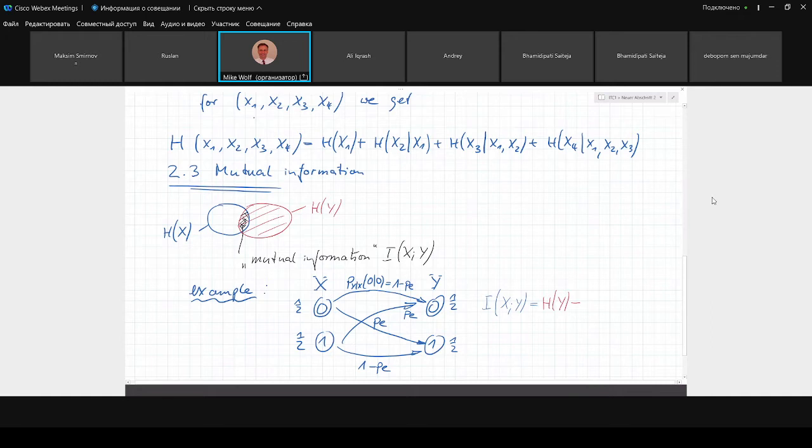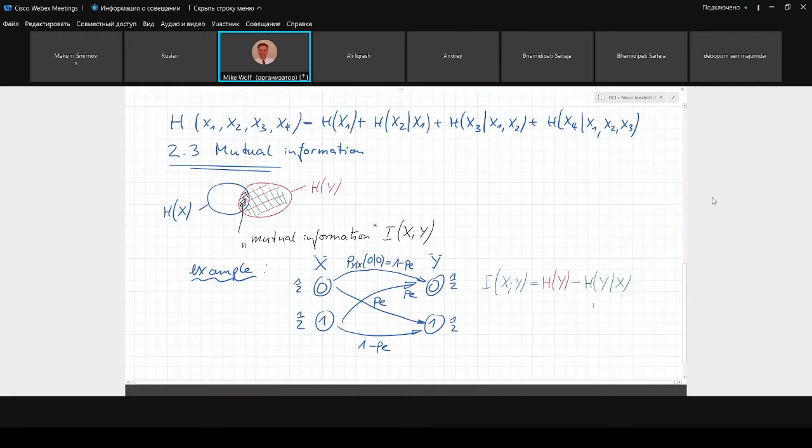Yeah, very good. This green area, so minus this conditional entropy H of y given x. And later, if we talk about channels, we denote this conditional entropy as irrelevance.